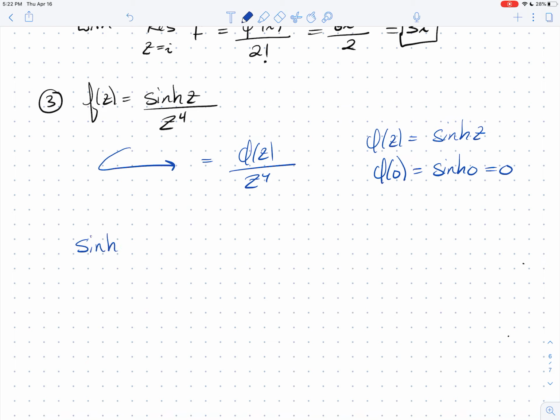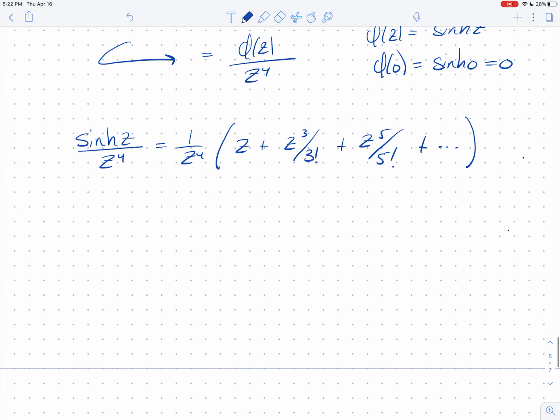Looking at the Laurent series, sinh z over z to the fourth is 1 over z to the fourth times the series for sinh: z plus z cubed over 3 factorial plus z to the fifth over 5 factorial, and so forth. This is exactly 1 over z cubed plus 1 over 3 factorial times z plus z over 5 factorial.